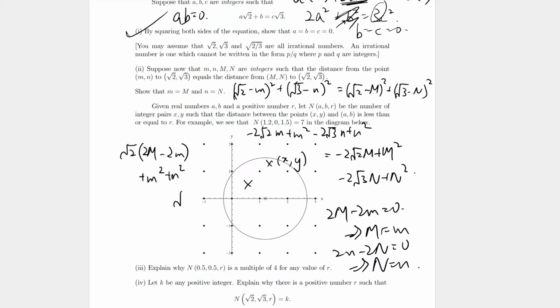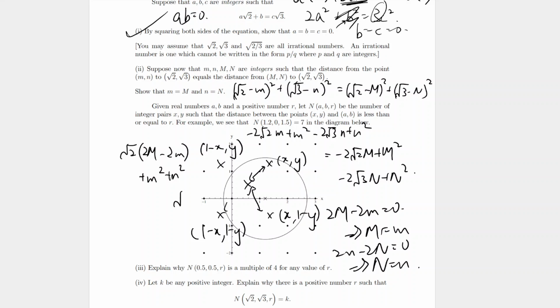Well then you know that there are 3 other points which also have the same distance, right? What are these points? The point (x, 1 minus y) is equidistant, right? And same thing up top here, (1 minus x, y), and bottom (1 minus x, 1 minus y).